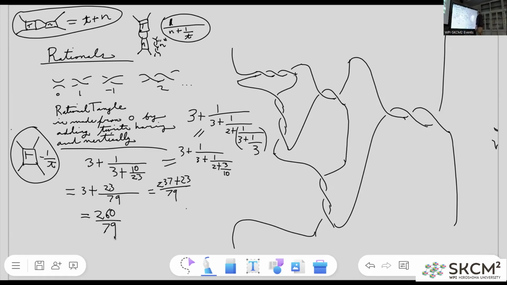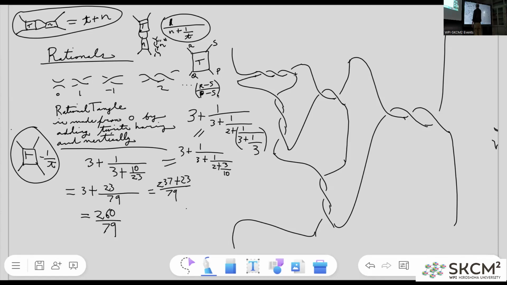But I showed you this other method, and the other method was that you color the tangle, and then you look at the end colorings R, S, P, Q, and you look at R minus S divided by P minus S, if I'm going to do it in that direction.